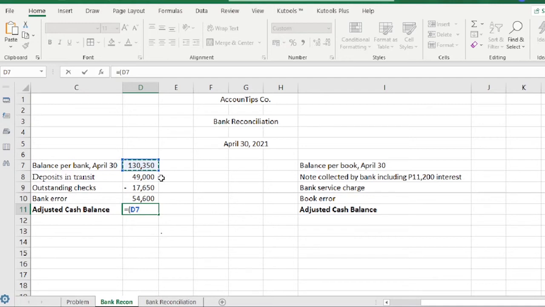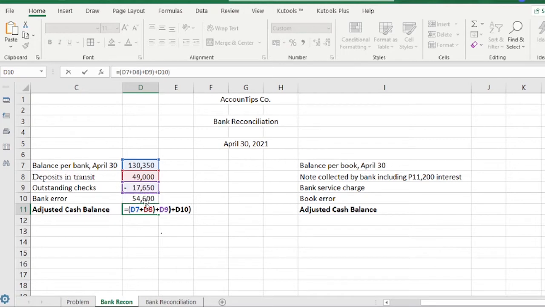Add it to the deposits in transit of 49,000. Then close parenthesis and then add the outstanding checks, which is negative 17,650. Close it again and then add the 54,600. Then close parenthesis once again.